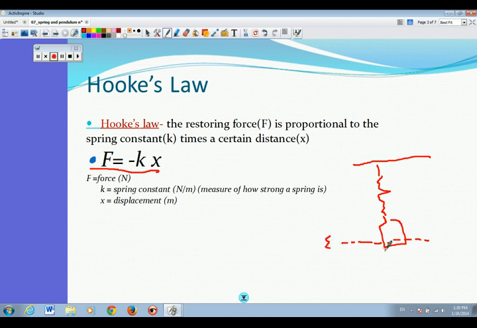When you pull this down to some distance, that is your x. That's a displacement from equilibrium. So that force, basically your weight, is directly proportional to this thing called a spring constant and the displacement from equilibrium. The spring constant is specific to each type of spring.